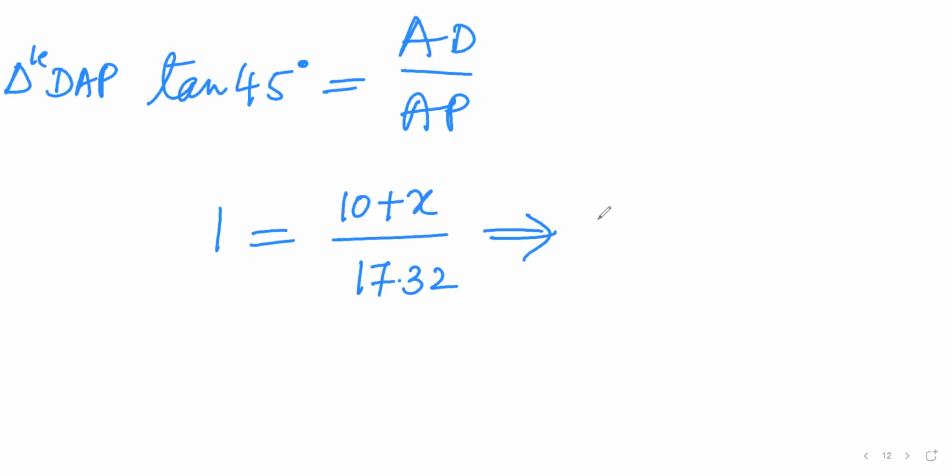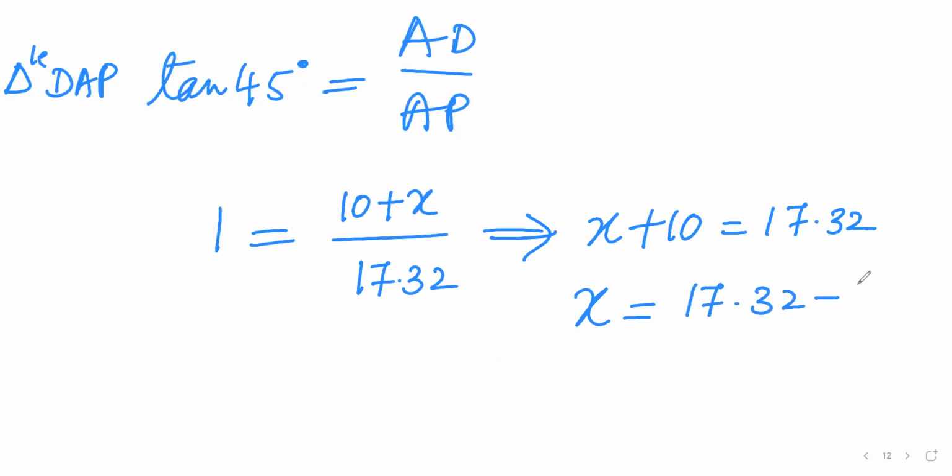So now further what I can do is X plus 10 equals 17.32, cross multiplication, then X equals 17.32 minus 10, then X equals 7.32 meters.